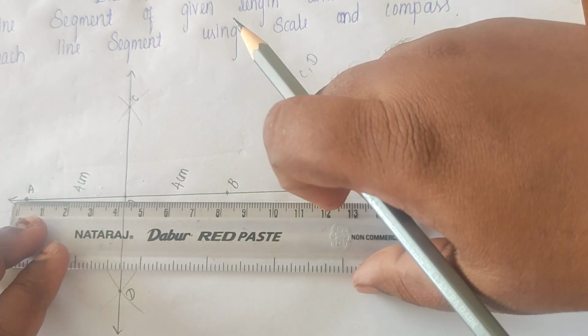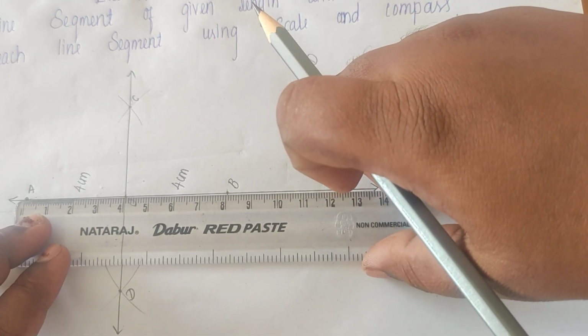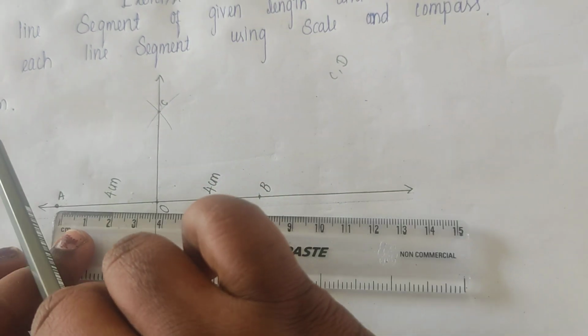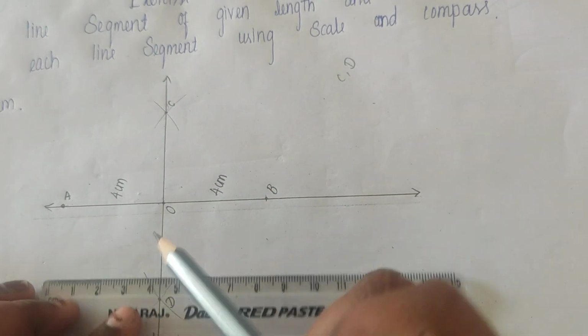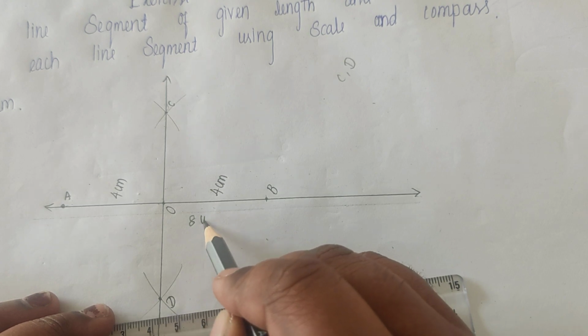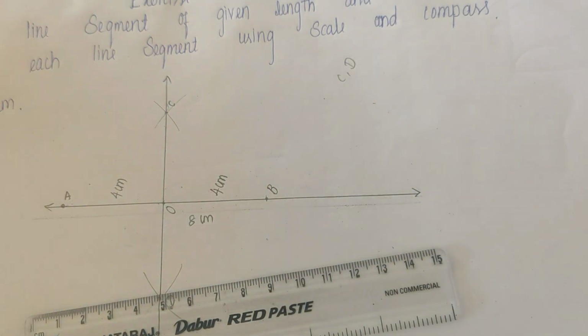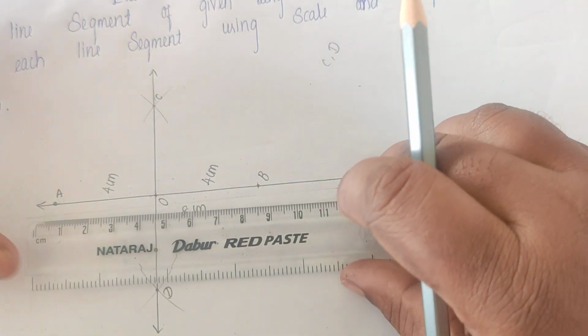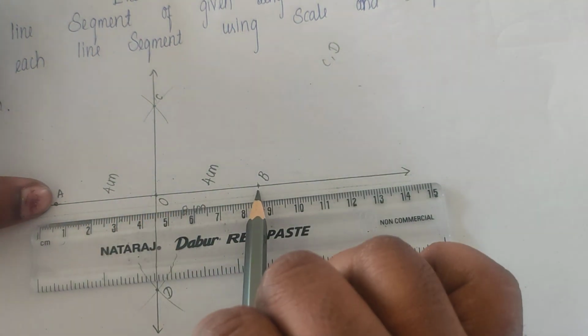So the whole AB equals, what is given? AB equals 8 centimeter. So now this picture is correct. How? This one is 4 and this one is 4.